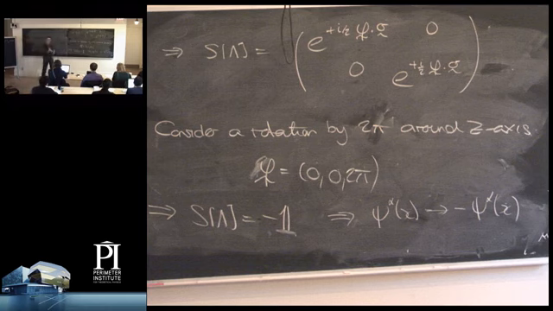Okay, so that's definitely not what happens for a vector. Right? You take a vector, you rotate it by 2 pi, you get back exactly the same vector. So this is the most striking difference between the usual Lorentz representation, the vector representation, and the spinor representation. Rotate things by 2 pi, they don't come back to themselves, they come back to minus itself.